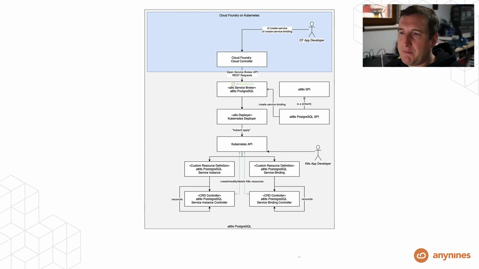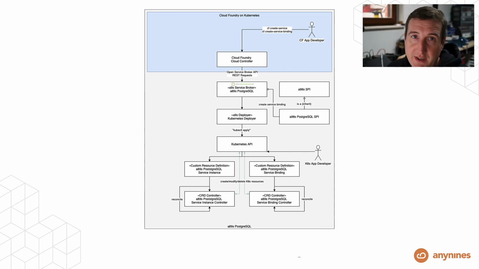So it may be more wise to create a custom resource definition for a service binding and have a controller reconcile that. Now you could again have the CRD controller talk back to your service broker and then trigger the SPI.